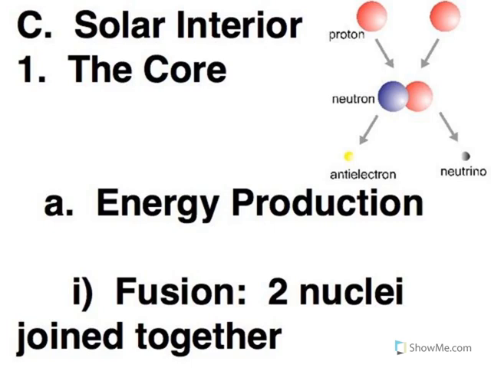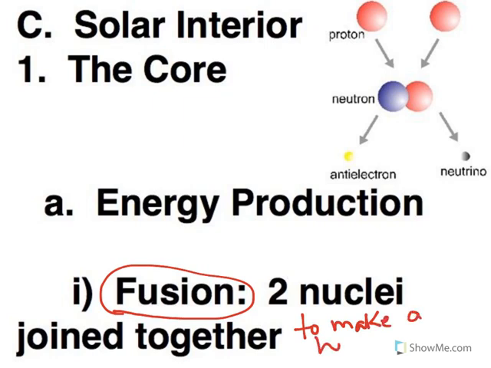Energy production. The way our sun produces energy is through the process of fusion. And the definition of fusion is to join two nuclei together to make a heavier nucleus.